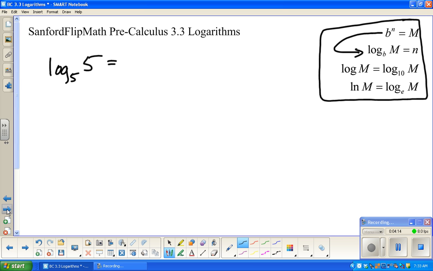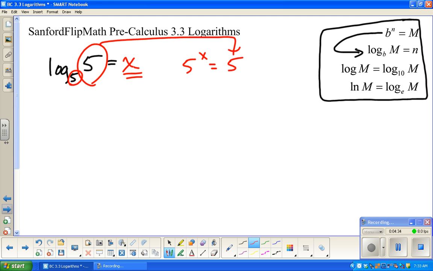That's how the problem might look at this point. And if you have a hard time picturing this, I'm going to put an x there. So here's the base to the exponent power equals whatever that was. And I know that's harder to track because they're both 5s, sorry.